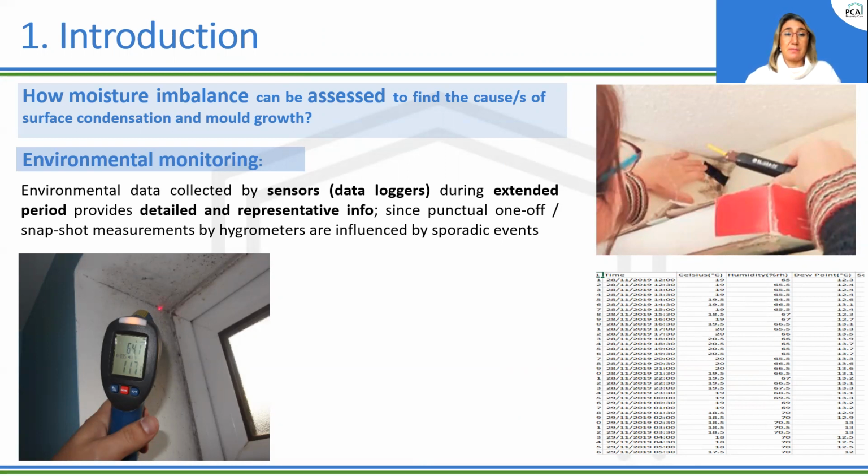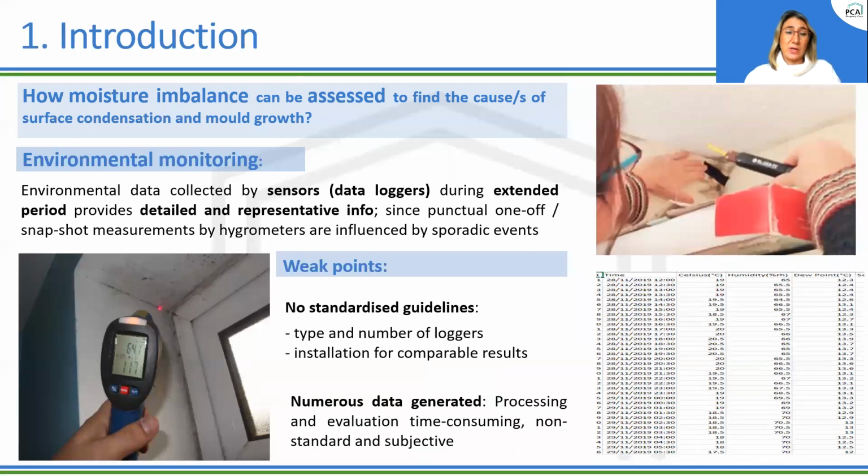Well, the first step is environmental monitoring. Environmental data is gathered by sensors, data loggers, that record environmental parameters during extended periods of time, and they give detailed and representative information, whereas snapshot measurements by hygrometers or thermometers are influenced by sporadic events.